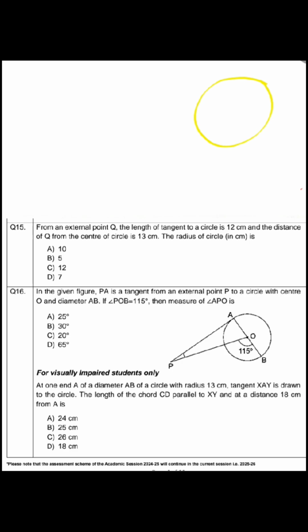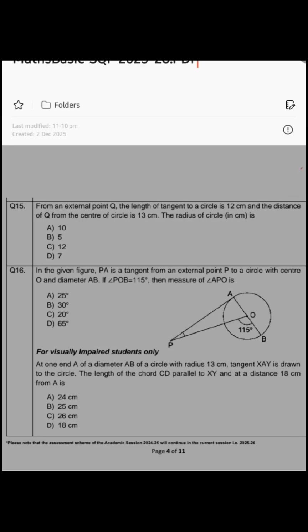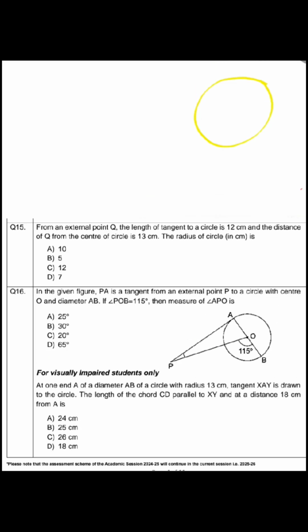An external point. Let this be the circle, and here is your point Q. From point Q, the length of tangent to the circle is 12 centimeter. This is your 12, and this is your center here.